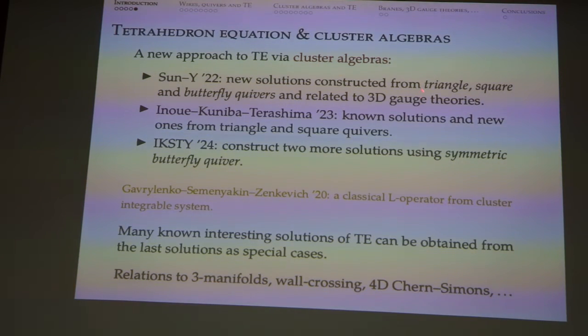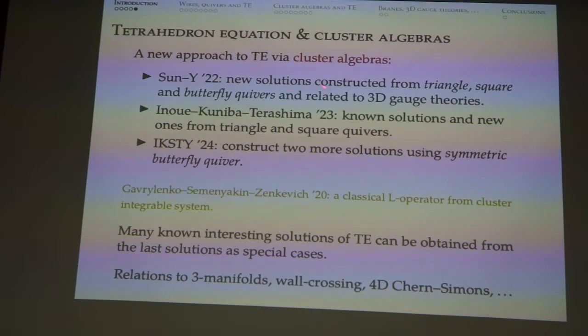I think probably many of you know much more about cluster algebras than I do. But this approach was proposed in my work with my student Xiao-yue Sun, who should be sitting somewhere here. Yeah, he's sitting over there. That was a paper we wrote already 2 years ago.